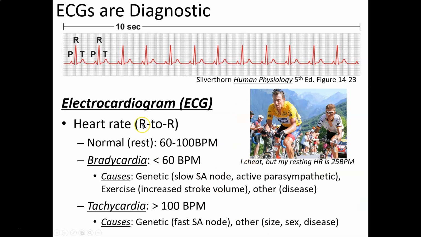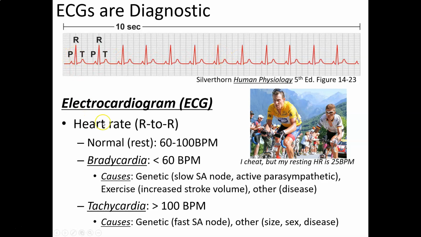Looking at the electrocardiogram or the ECG, you can see it's just a series of waves that keep going over and over again. By definition, your whole life, right? Otherwise, if your heart's not beating, you're not living. So the way we measure heart rate is we use what's called the R to R interval. We've just shown the major waves that are going in a positive deflection in the way we're looking at the heart.